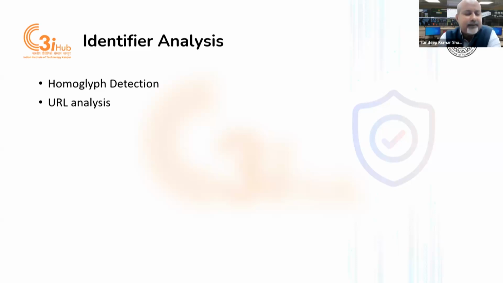Like, for example, a letter A is replaced by alpha, or there are various other ways to fool the eyes of the person to make him think that he or she is going to the right website where they're not. This is called a homoglyph, and homoglyph detection is one technique by which we can check whether the users are being sent to malicious websites.